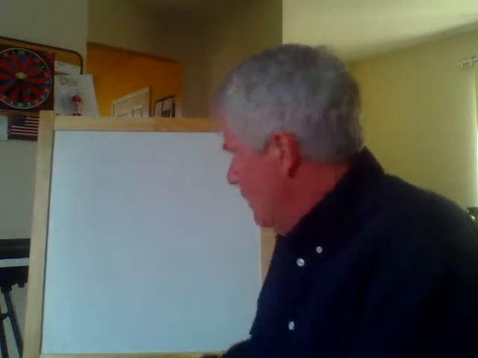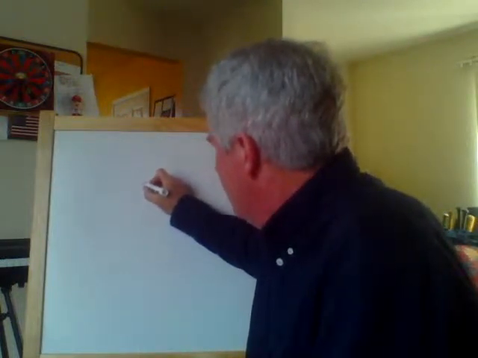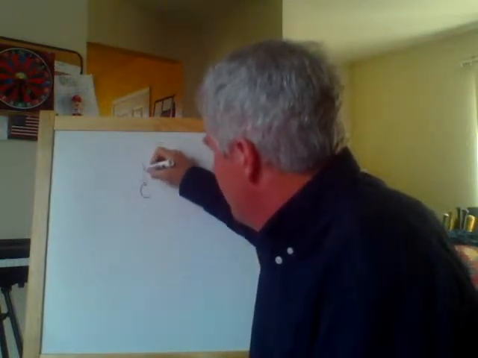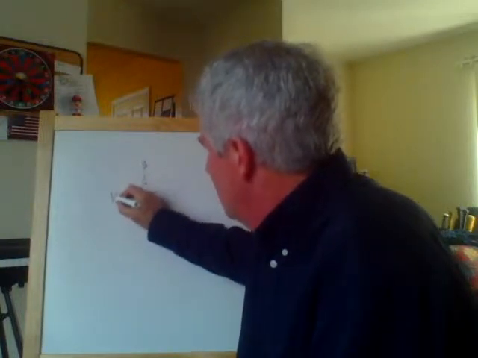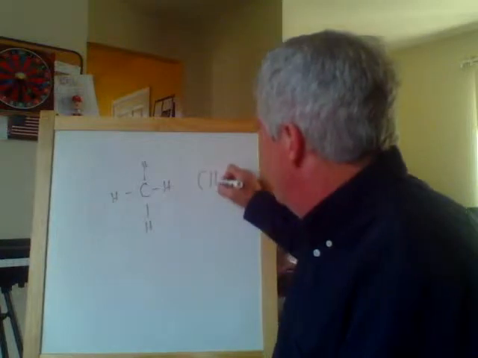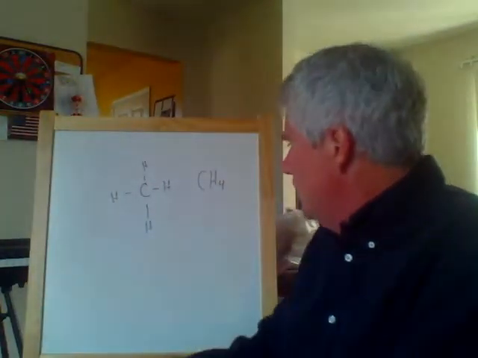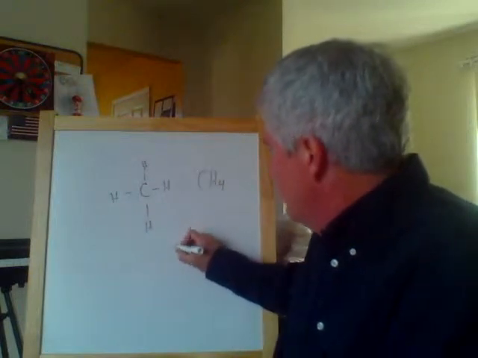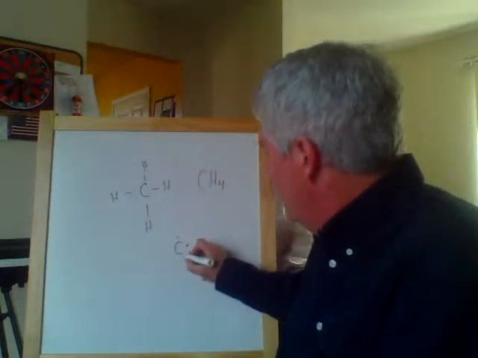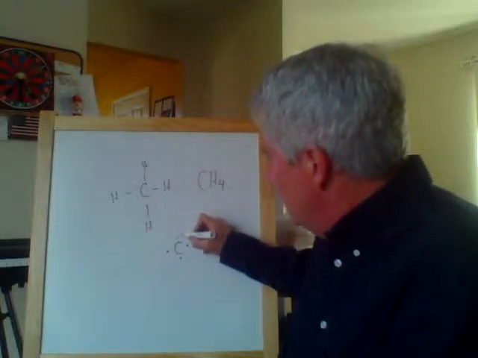Let's draw a nice little molecule that uses covalent bonding, which is methane. Methane looks like this, also known as CH4. And when we actually do the Lewis dot notation, you'll see that carbon has 4 electrons, and hydrogen each has 1.